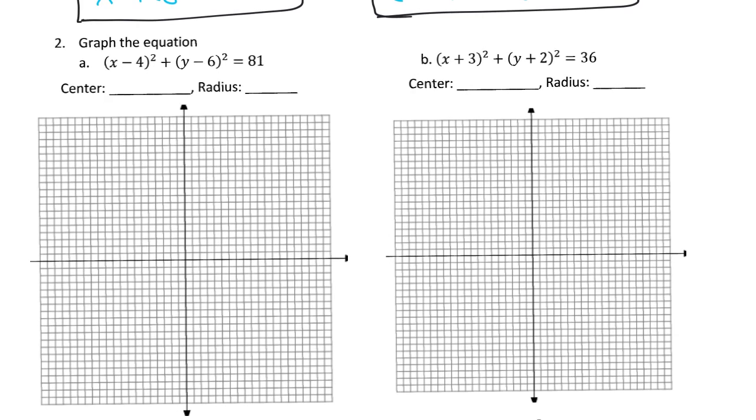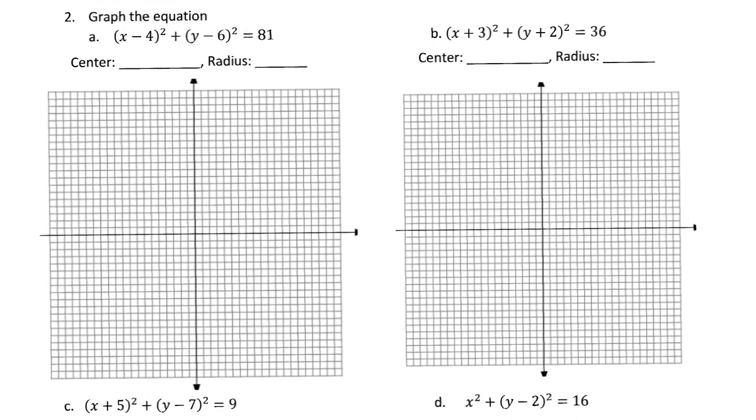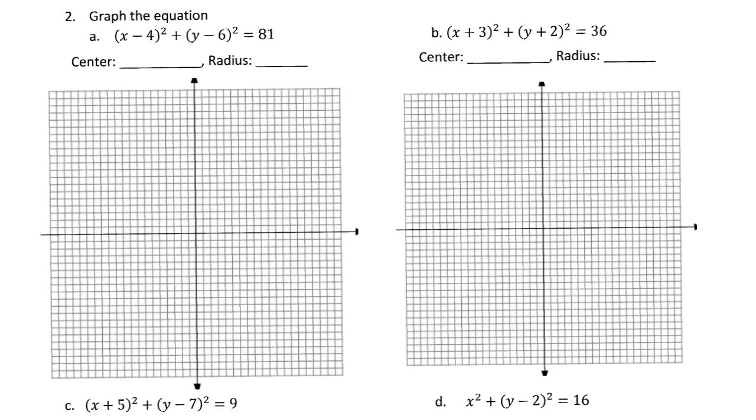Recall that the equation itself was x minus h squared plus y minus k squared equal to r squared, so always go back again to your equation. So your h is exactly 4, and your k is exactly 6. So 4 comma 6 is the center of the circle.